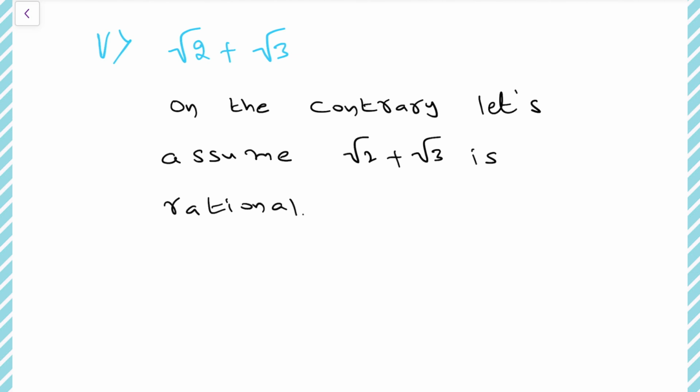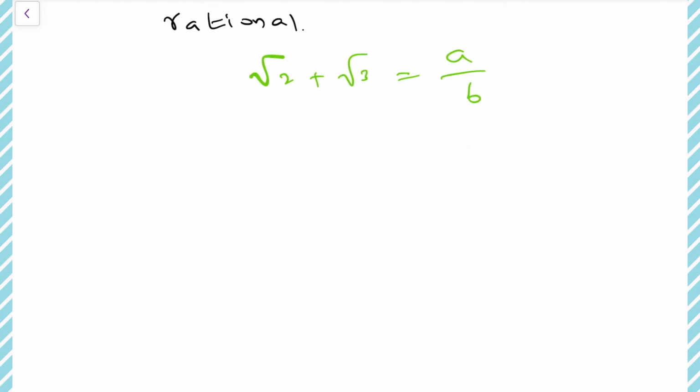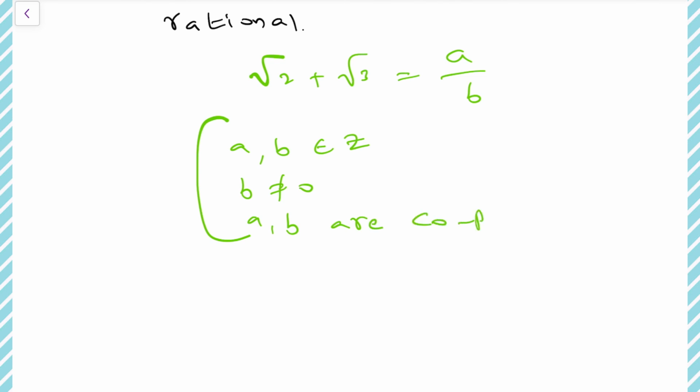Then root 2 plus root 3 equals a by b. The condition: a, b belong to integers, b not equal to 0, a, b are co-primes.